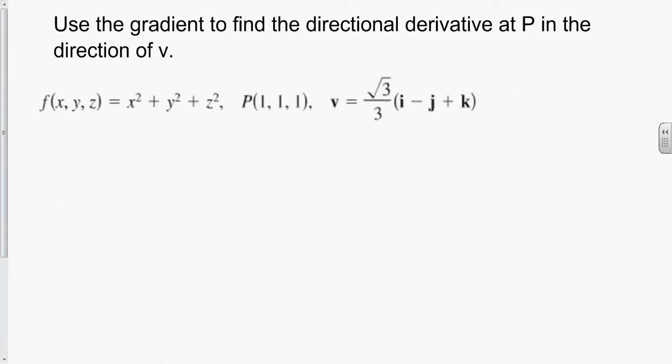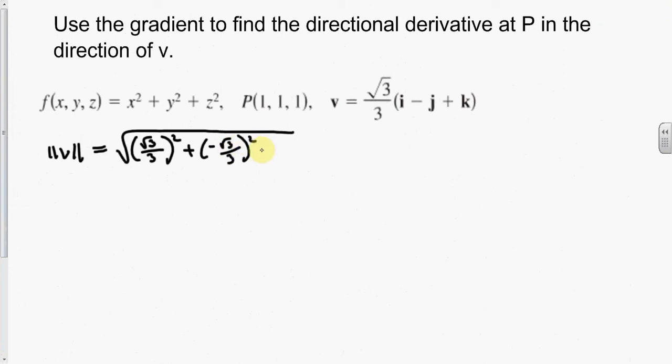So now use the gradient to find the directional derivative at P in the direction of v, and we want to make sure that v is indeed a unit vector. So I'm going to take the norm of v, and that is the square root of square root of 3 over 3 squared plus negative square root of 3 over 3 squared plus square root of 3 over 3 squared.